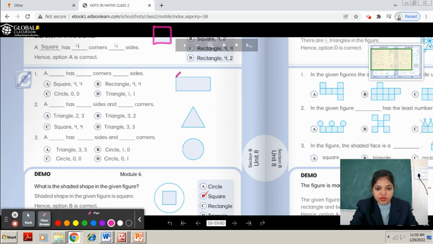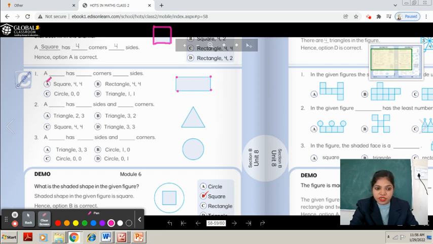See students, what is corner? Where the two lines meet. You can see 1, 2, 3 and 4. So how many corners? 4.